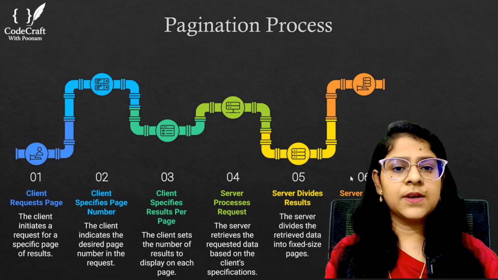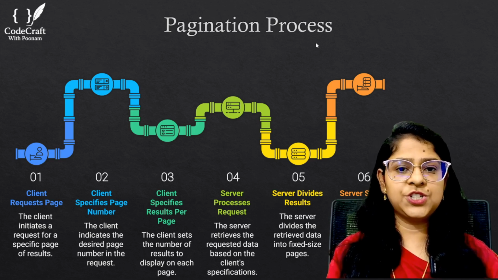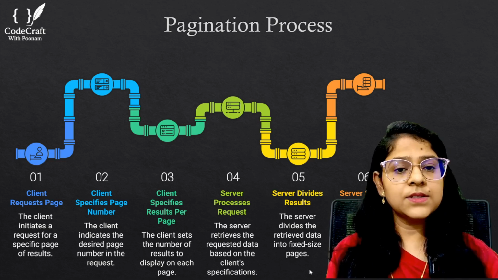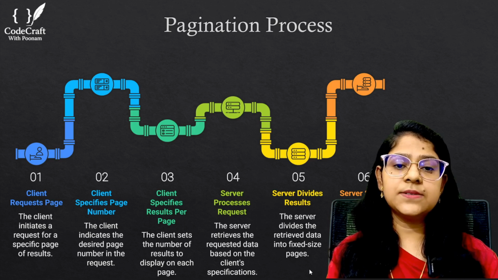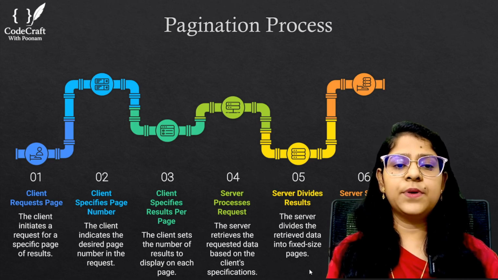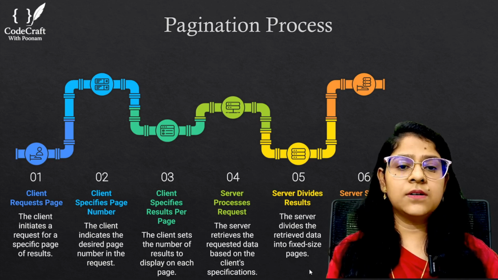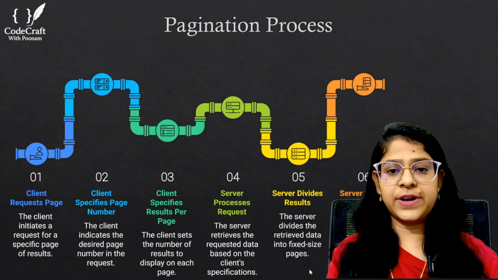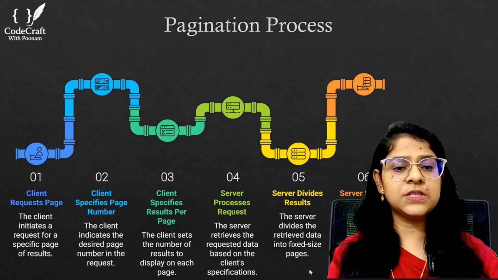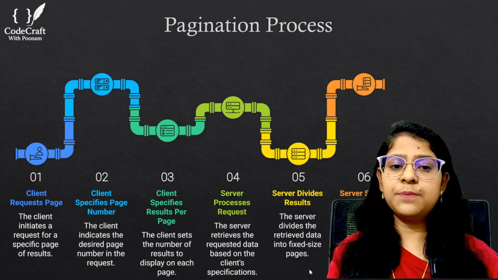Now coming to pagination. First of all, what is pagination? Pagination breaks the results into fixed-size pages. For example, consider you have 10,000 recipes in your database. Instead of all 10,000 recipes at once, you get page numbers.